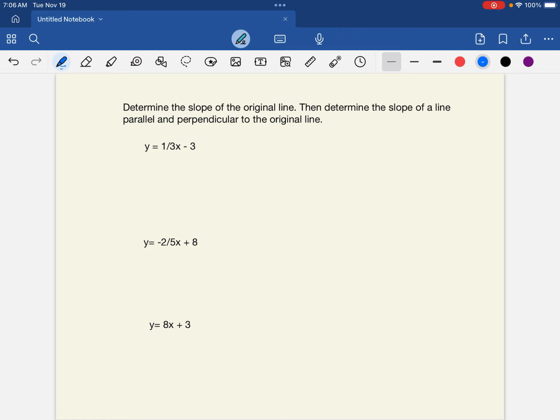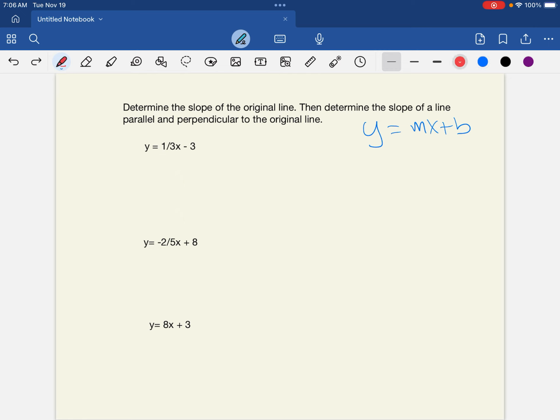To get started, the first thing I need to do is identify slope. All of these equations follow the form y equals mx plus b, and I know that because my three equations all say y equals.